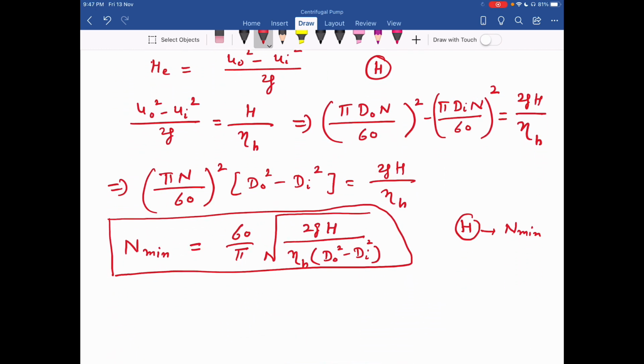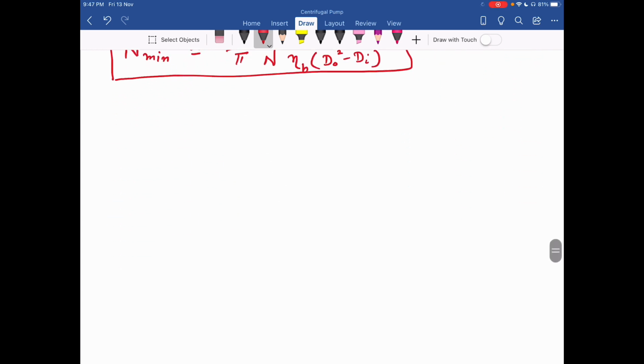Then next is the limitation on suction lift. Now the suction or negative pressure is developed at the inlet of the centrifugal pump, that is at the eye of the impeller.